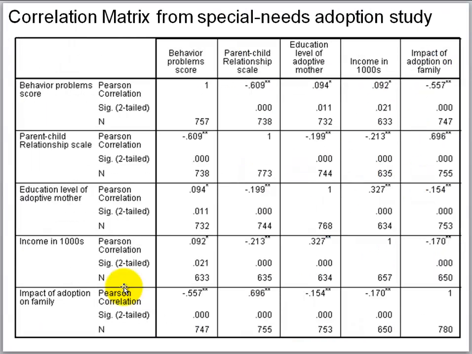A correlation matrix presents correlations between a set of variables. So the correlations presented here are correlations among 5 variables in the special needs adoption study. Now, the line that I'm tracing right now is often called the diagonal of a matrix.